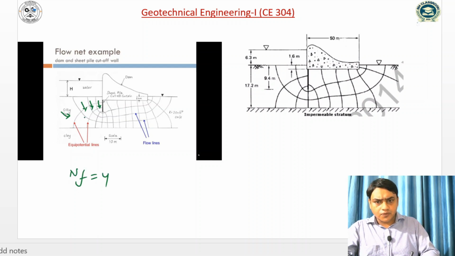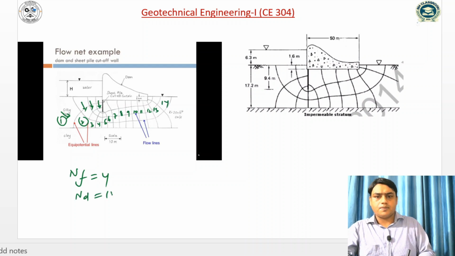In the perpendicular direction, 1, 2, 3, 4, 5, 6, 7, 8, 9, 10, 11, 12, 13 and 14. ND is equal to 14.